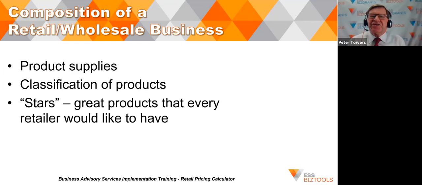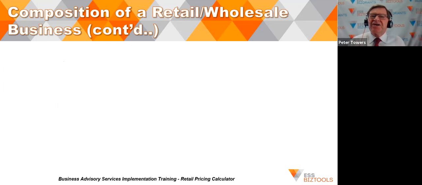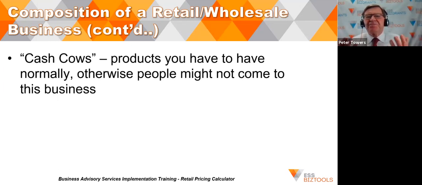Stars, great products to have. Everyone would love to have them. Unfortunately, it all varies. They've also got problem lines that might have been last year's fashion or a special purchase order that the business made that didn't quite turn out the way everyone hoped it would.